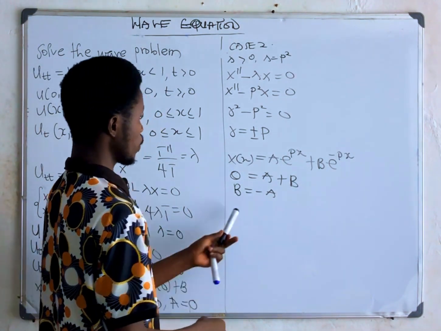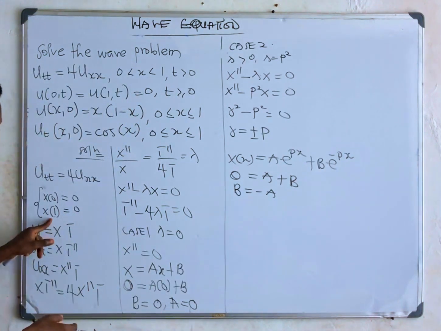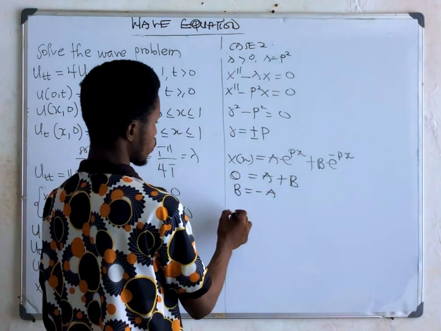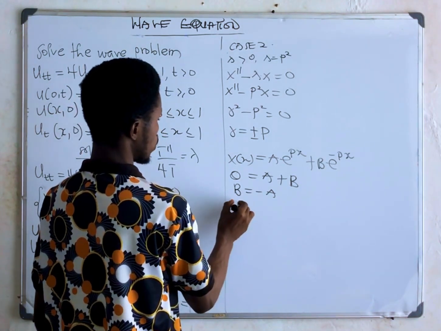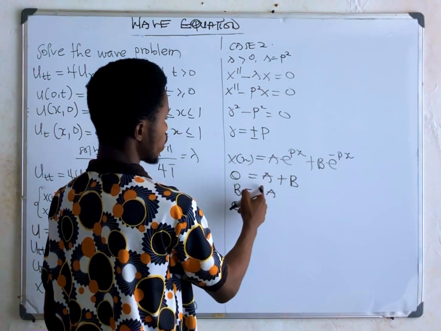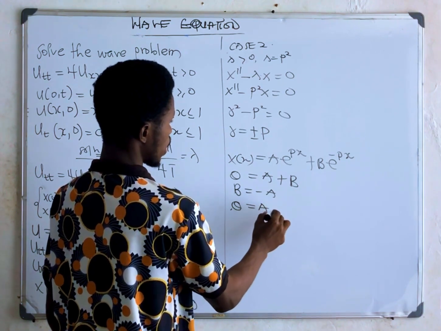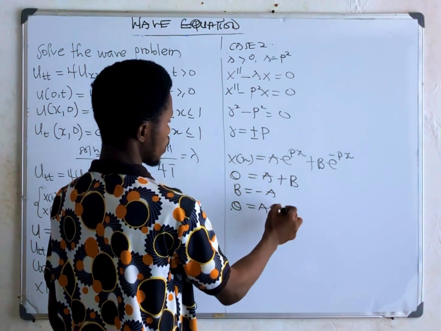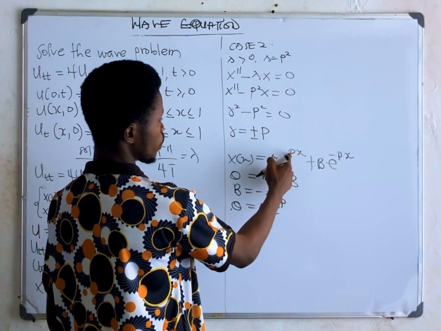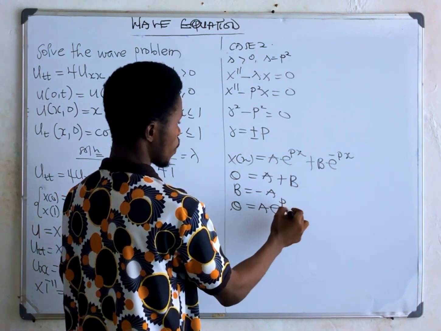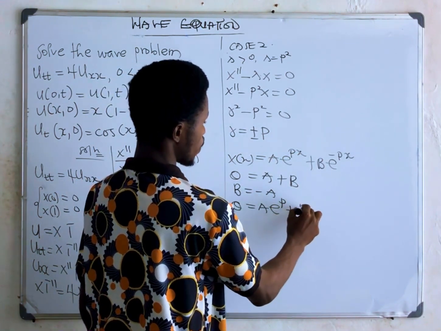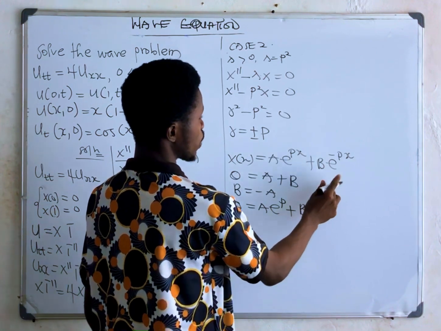Now, if that is the case, let's move to the second one where the capital X is 0 and small x is 1. So I'm going to have 0 equals, already we have a e to the power p, because x is 1. p times 1 is p, plus b e to the power negative p.